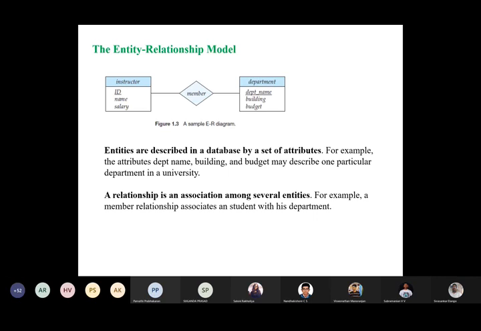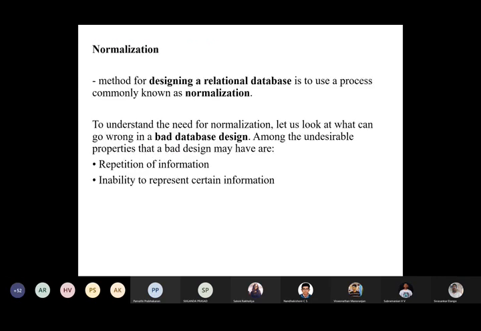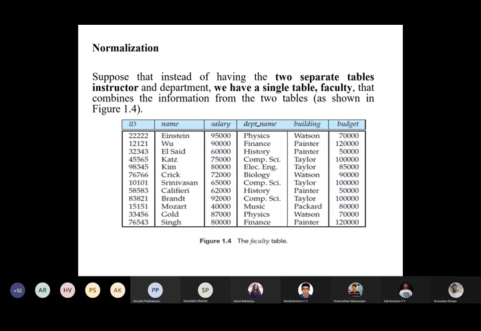So instead of having two entities represented by two relations, we are going to have an integrated relation with the instructor ID, name, salary, department name, building, and budget. You have a faculty table containing all the information in a single table, right?